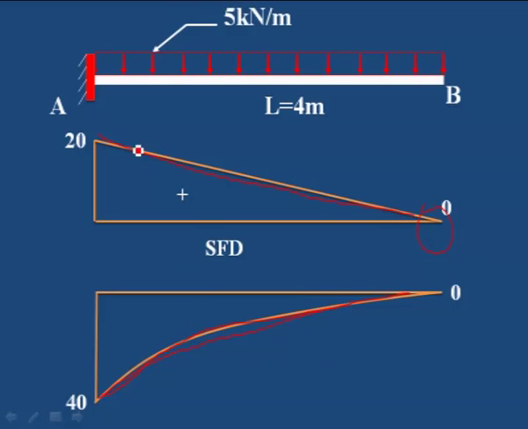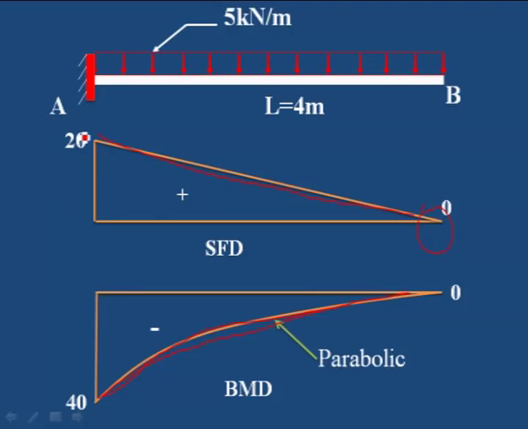In the shear force diagram, it should be an inclined line. This is the bending moment and shear force diagram for the beam carrying a uniformly distributed load. You should not draw a straight line when the UDL is given in case of the bending moment diagram. Okay, this is one simple case in which the uniformly distributed load is acting throughout its span.